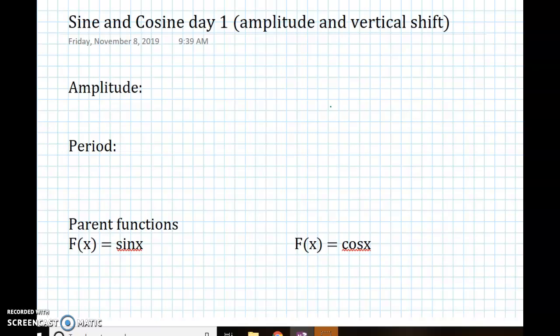First, it's important to know what an amplitude is. The amplitude is how tall or the height of the graph.